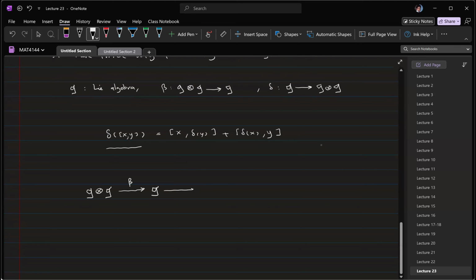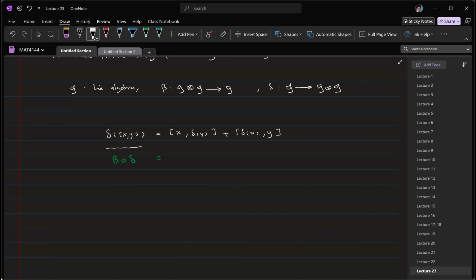And then we are applying this delta. So the left-hand side, I could just write beta O delta, as a map from G tensor G to G tensor G. And now I want to describe the right-hand side as a map from G tensor G to G tensor G. Let's see what happens there.